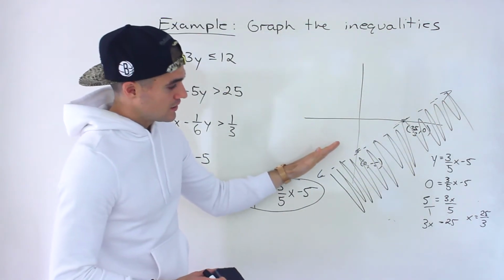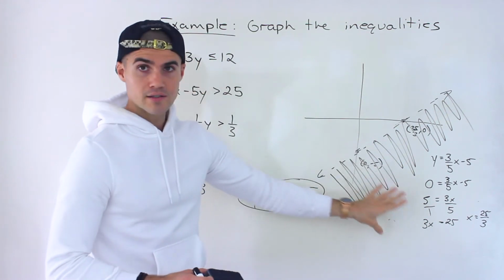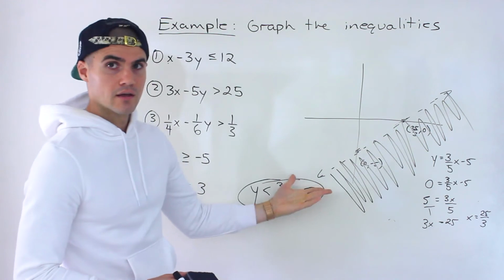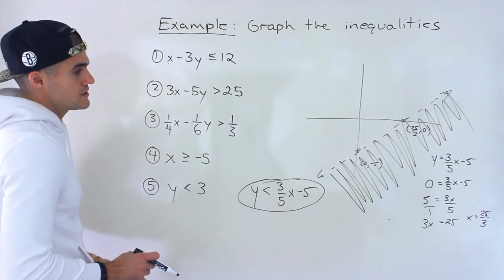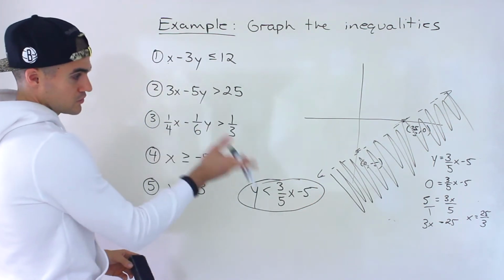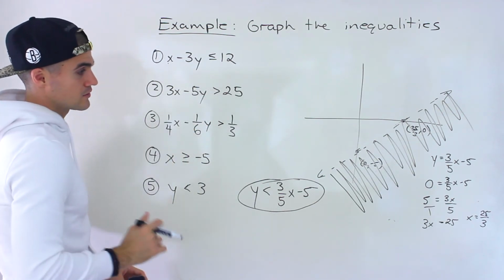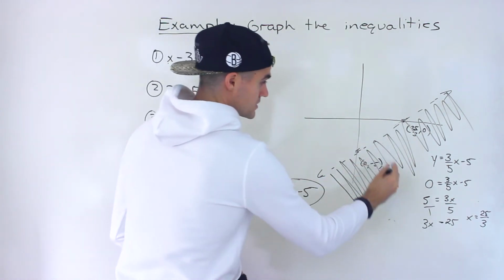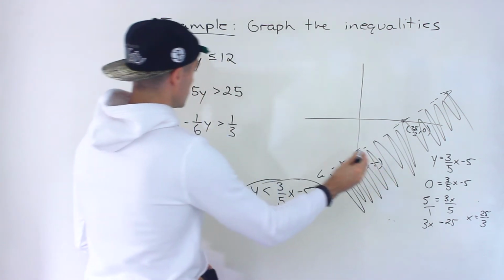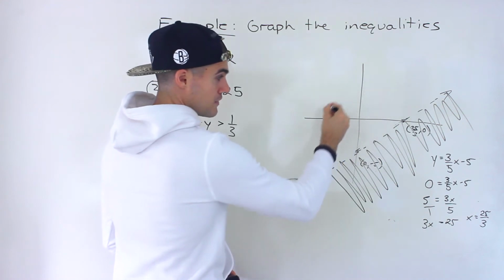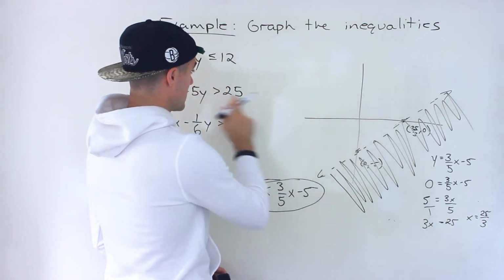This region extends all the way to negative infinity and extends this way infinitely. So that would be the inequality graphed right there. If you picked any point within this region, it would satisfy this inequality. If you picked any point within this region, it wouldn't satisfy this inequality.